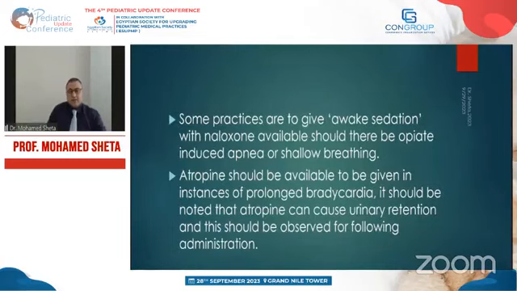Some practices are to give awake sedation with naloxone available, so if needed, they will give naloxone. And some will give atropine if there is bradycardia. All of these practices depend on the institutional guidelines, which are different from institute to institute and hospital to hospital.